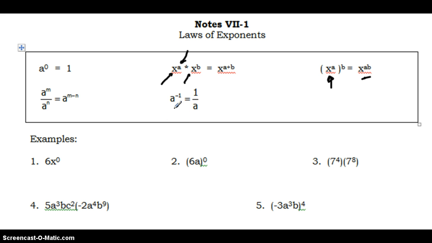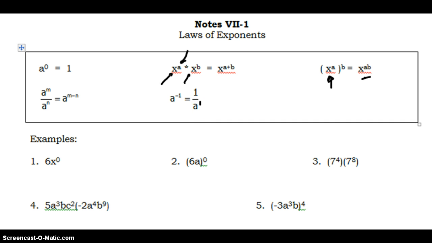In this case, a to the negative 1 power is in the numerator, so the entire item gets moved to the denominator, and you lose the negative sign. So we could say a to the 1 on the denominator here, and that's just left off because you don't have to write the 1 power. So a to the negative 1 is equal to 1 divided by a.